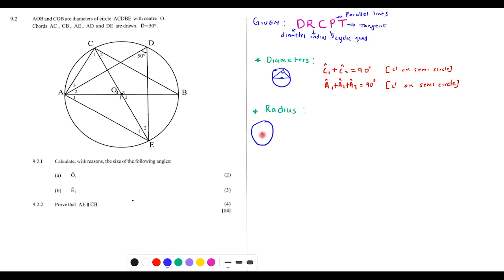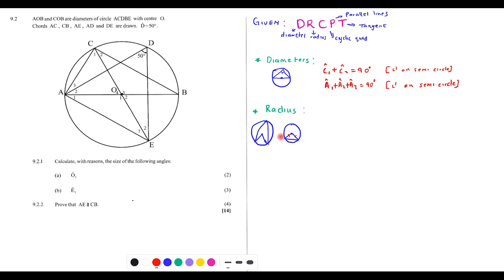And secondly, when you have a circle and radii, you should look for isosceles triangles. Why? Because if there are two equal radii and a chord joining them, that gives you an isosceles triangle.